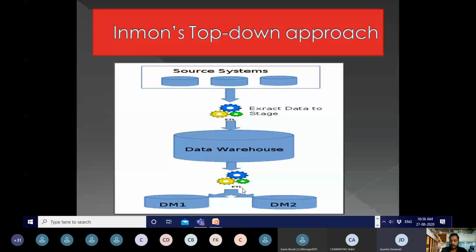But with ETL here, you are again extracting data from the data warehouse, transforming it and loading it into the data mart. If you did not load, you would be using analytical tools directly on the data warehouse. But you are loading extra data into the data mart, and that is okay, since we use the data mart only for viewing, only to have a separate view of the data, but you are again going through the ETL process.